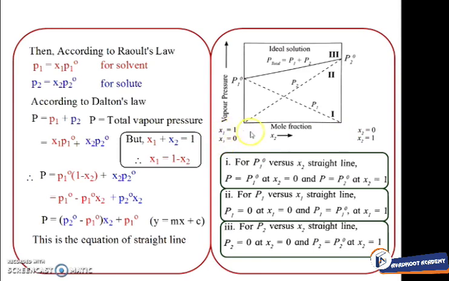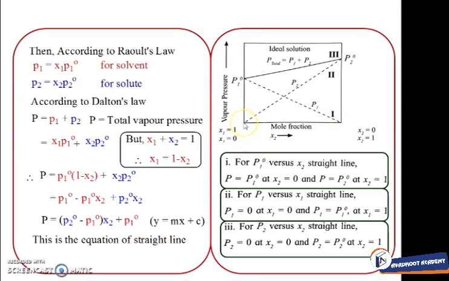At one end x1 is equal to 1 and x2 is equal to 0. So here x2 increases from 0 to 1 and x1 decreases from 1 to 0. At the other end x1 is equal to 0 and x2 is equal to 1. So the mole fraction x2 increases along the x-axis and vapor pressure increases along the y-axis.